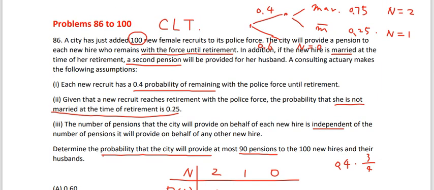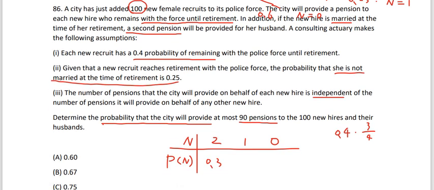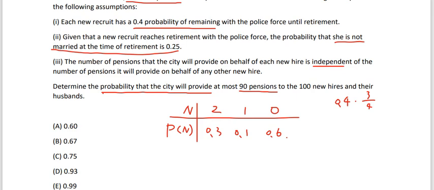One pension is 0.4 times 0.25, which is 0.1. Then no pension is 0.6.